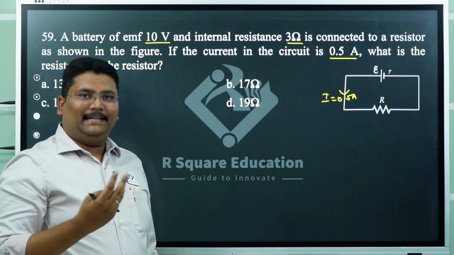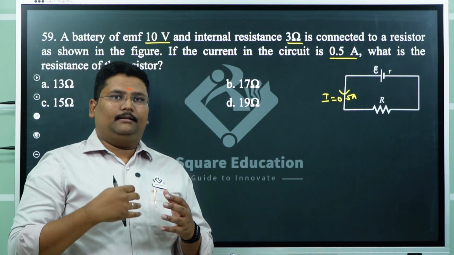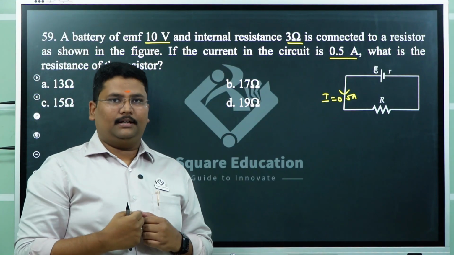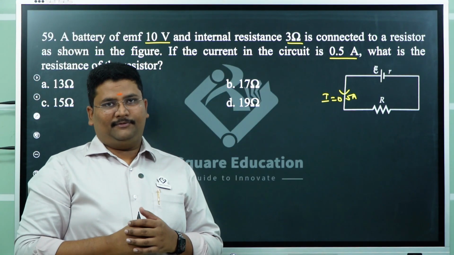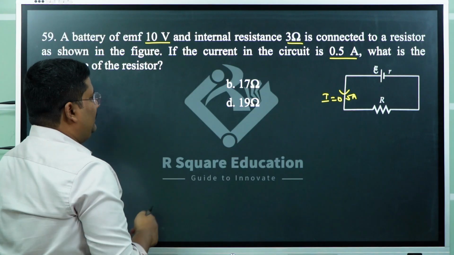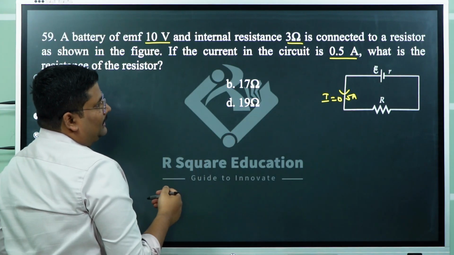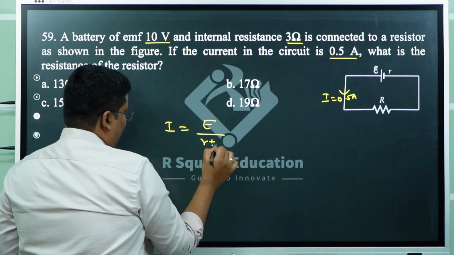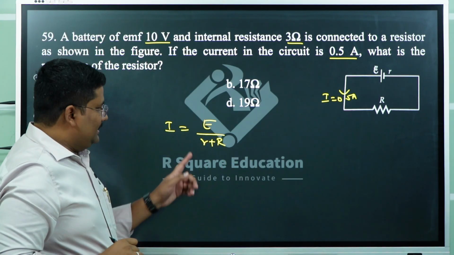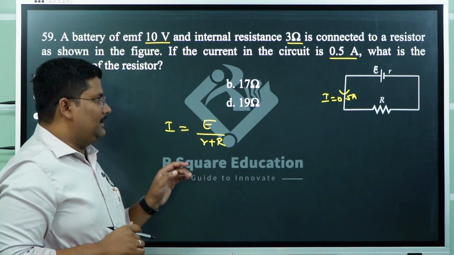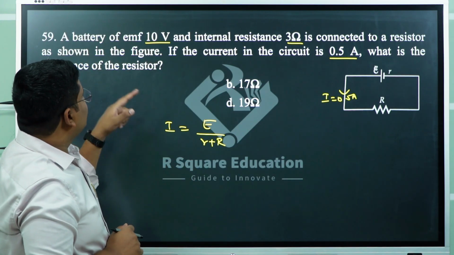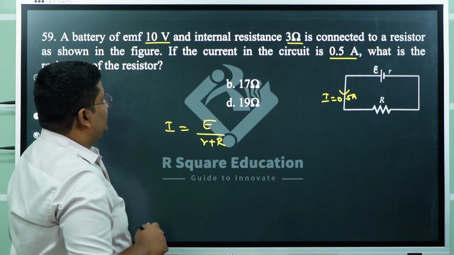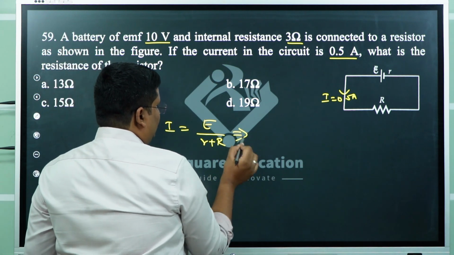Whenever a load draws some current from the EMF of a cell, the formula with respect to the current is I is equal to E by R plus r, where r is the internal resistance and capital R is the external resistance, and the question asks for capital R, right? So what we can do is rearrange this.